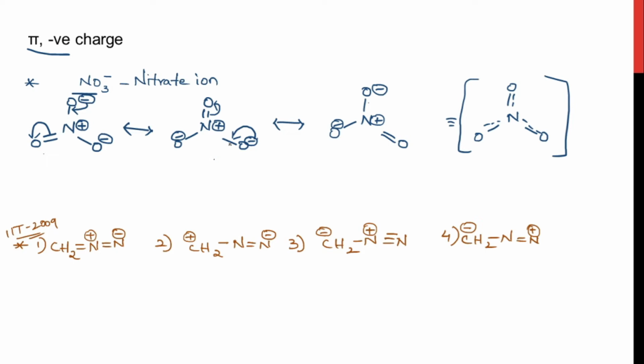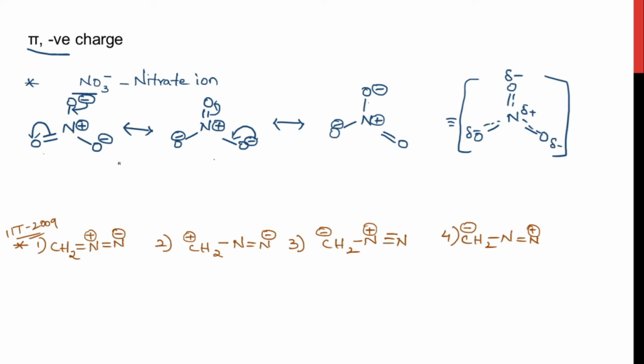In the second resonating structure, this oxygen is forming a pi bond. In this resonating structure, this oxygen is forming a pi bond. So the electrons are moving all over the molecule. Now the delta positive, the electropositivity will be on the nitrogen atom. Yes, partial negative charge will be on the oxygen atoms, right?